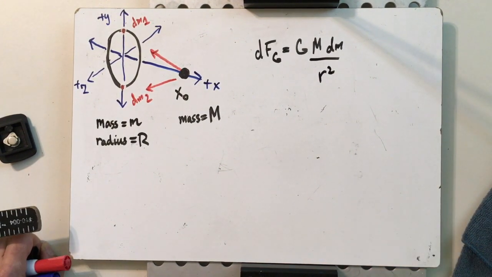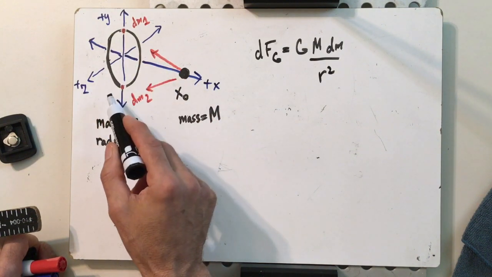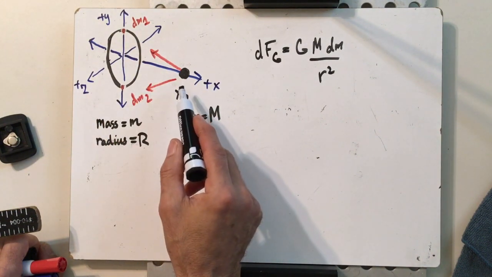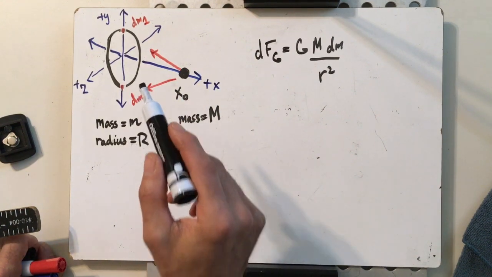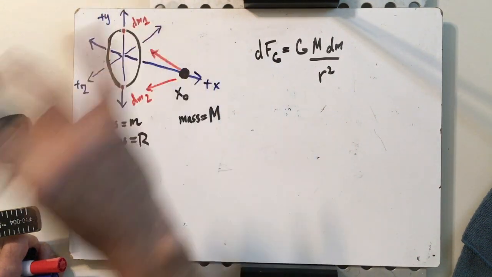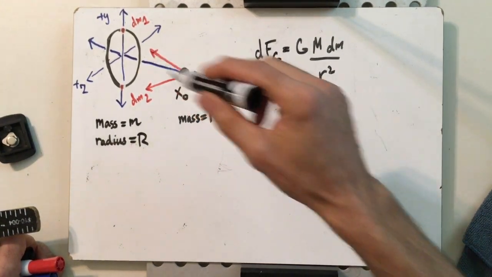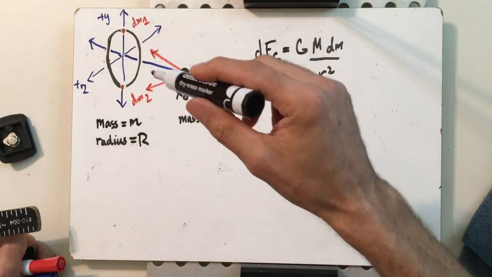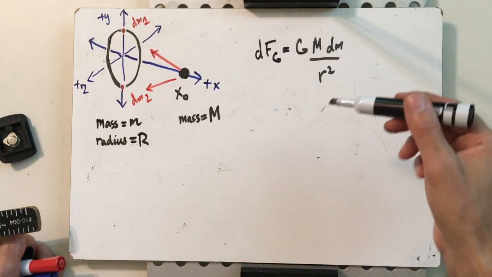But notice one thing. Every little dm, as we go all the way around the ring, is in the exact same orientation with respect to the mass capital M. If we rotate this situation around, it's not going to look any different to us. The tiny masses of the ring are in the same relative position compared to the mass of the sphere.